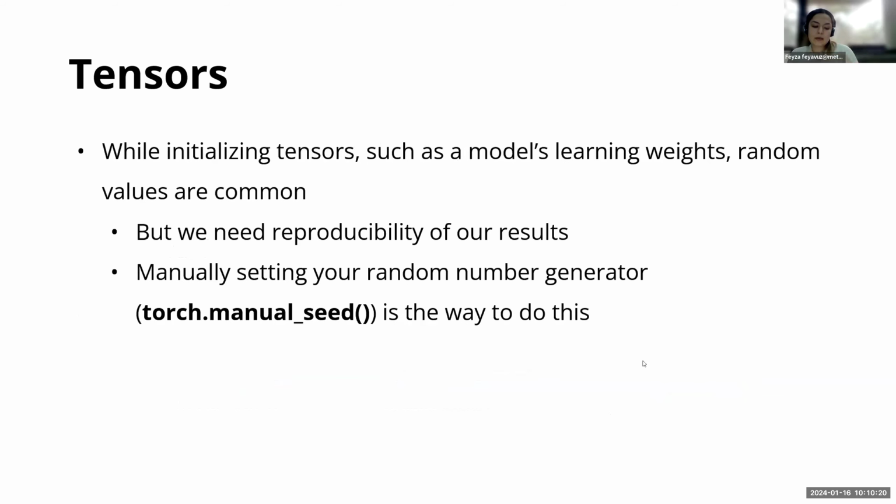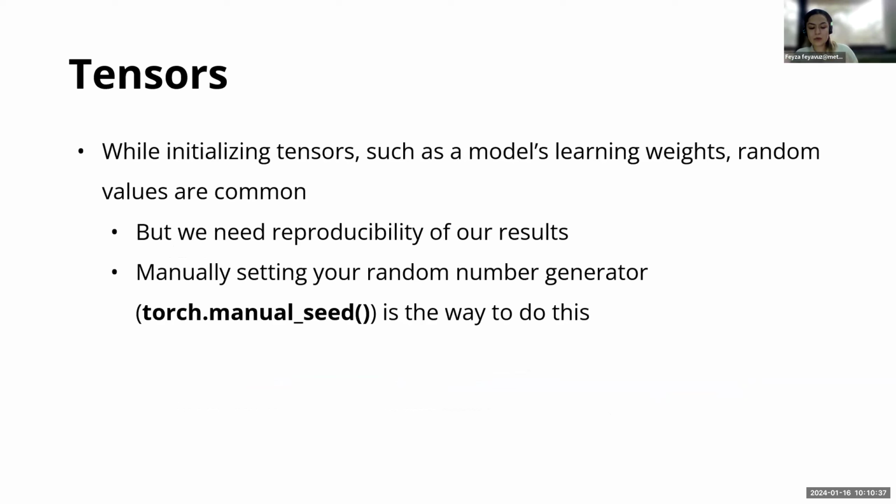Most times, we need random value tensors. For example, we want to train a neural network model, and in the beginning, our model's learning weights should start from random values.